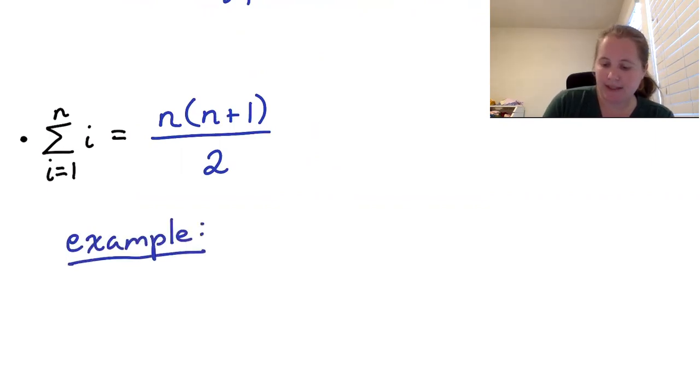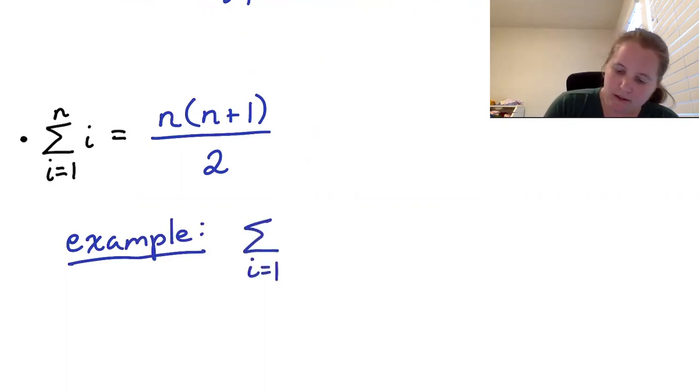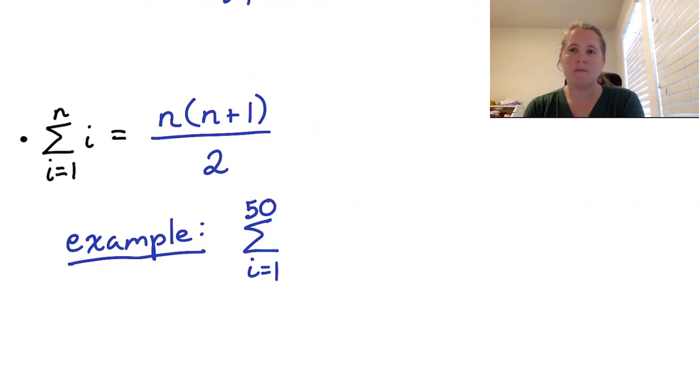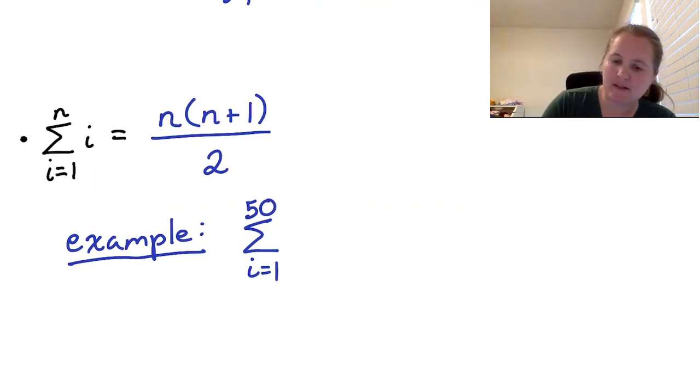let's say we wish to take the sum from i equals 1 to 50. Actually, let's not do that large. Let's do a smaller one. Let's just go from i equals 1 to 20 of i.